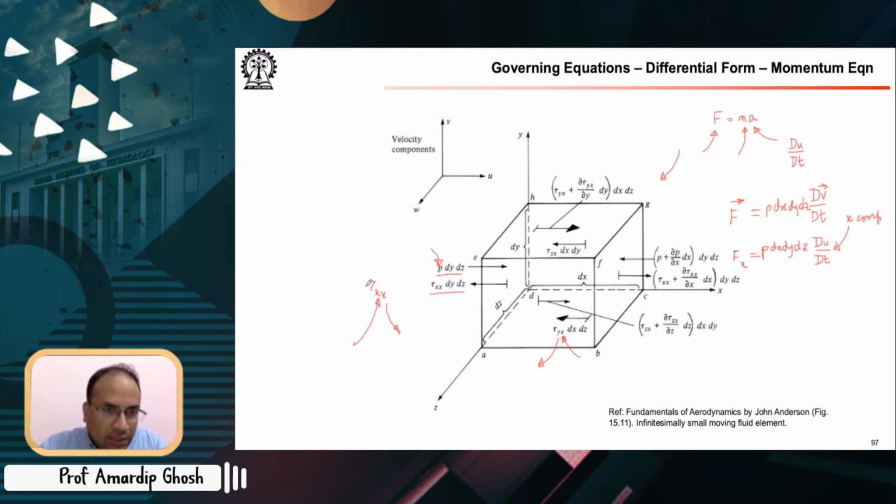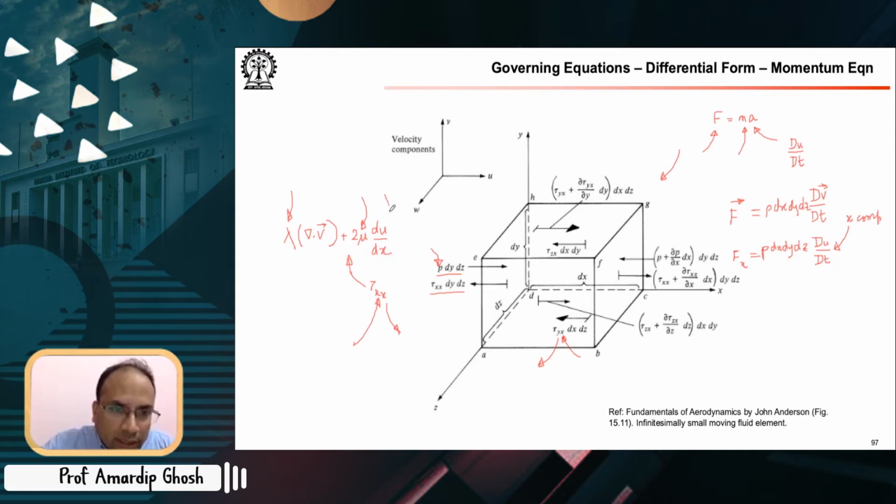In fact, this tau xx is given by lambda times the divergence of the velocity vector plus 2 times mu multiplied by... So you see that we have viscosity that comes in here, and this again goes by the name of second coefficient of viscosity as well.